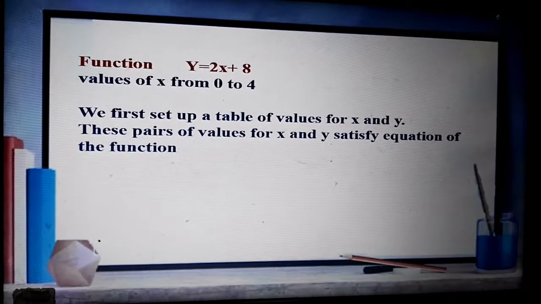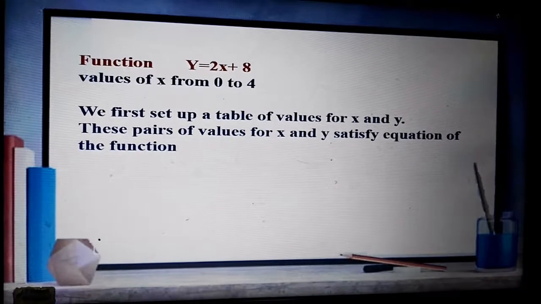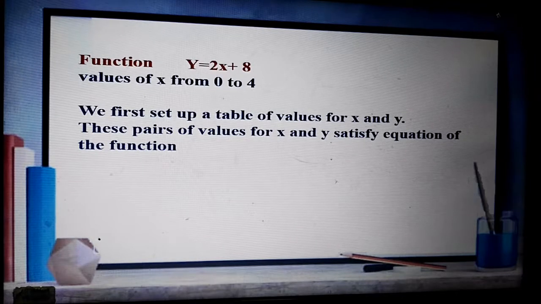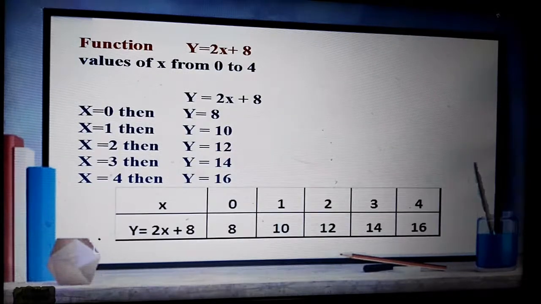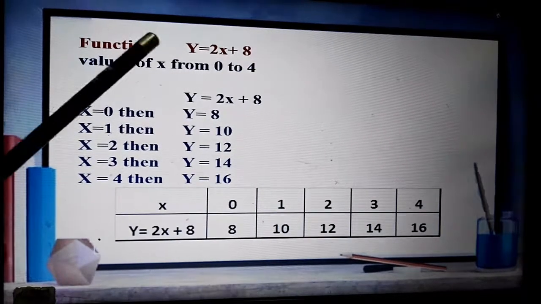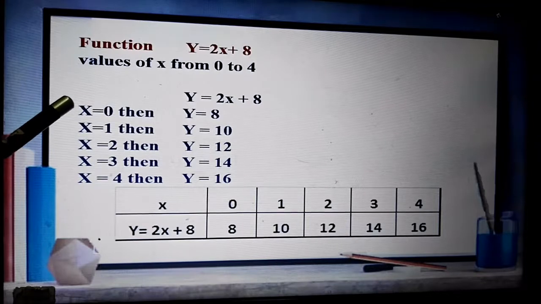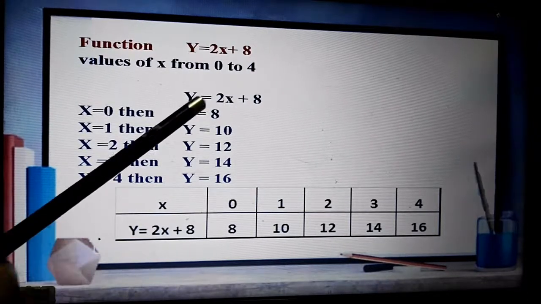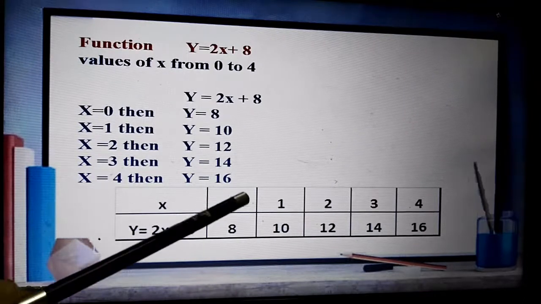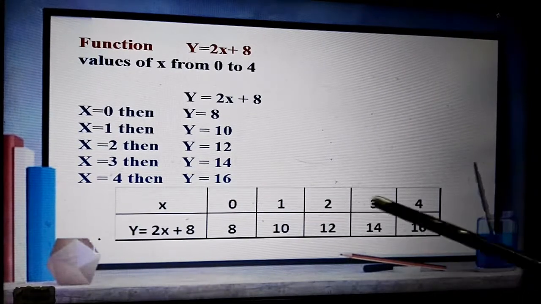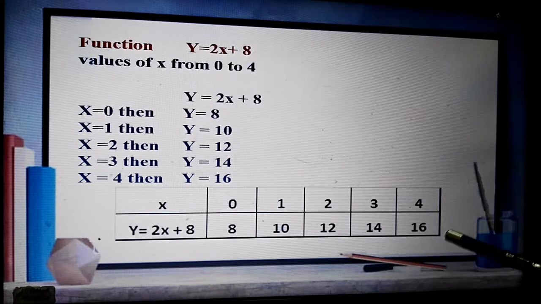So our first step is to set up a table of values for x and y. These pairs of values for x and y satisfy the equation of the function. By substituting the value of x in this function, we get the value of y, that is 4. So for all values of x, here is a set of values for y.